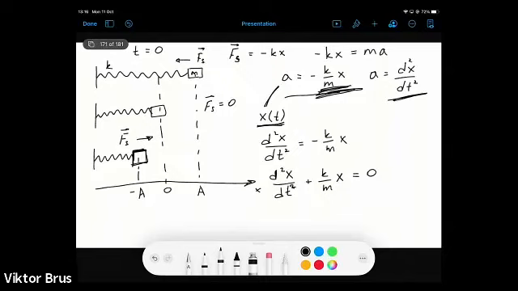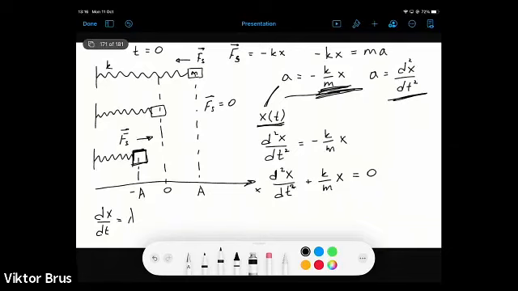So in order to solve this type of differential equation, you can just check the rules, and they will tell you that it's necessary to build some characteristic equation where the derivative of the unknown function will be considered as some parameter lambda, the characteristic parameter lambda.